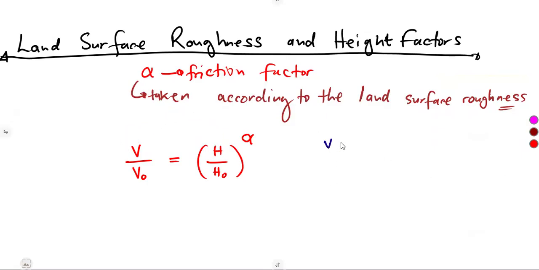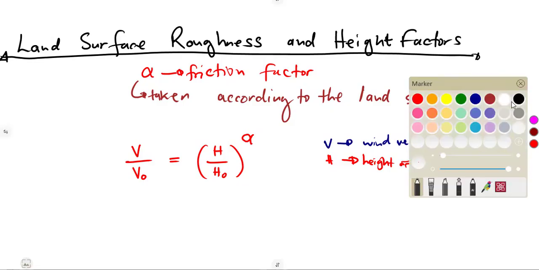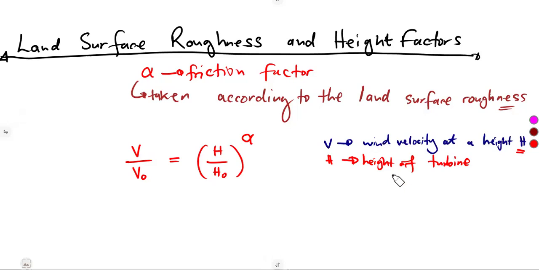So we are simply saying V is the wind velocity at a height H, which is representing the height of the turbine, which we can just give in short as hub height.